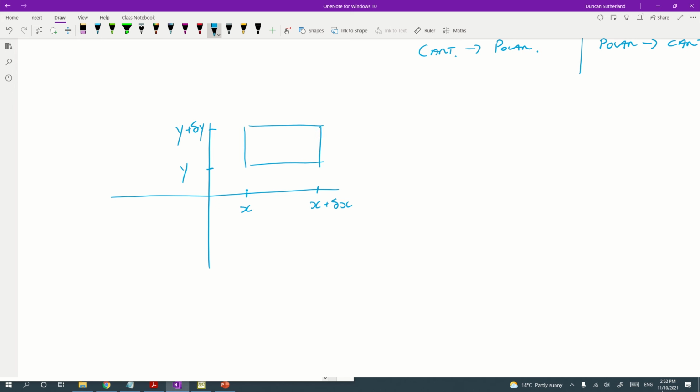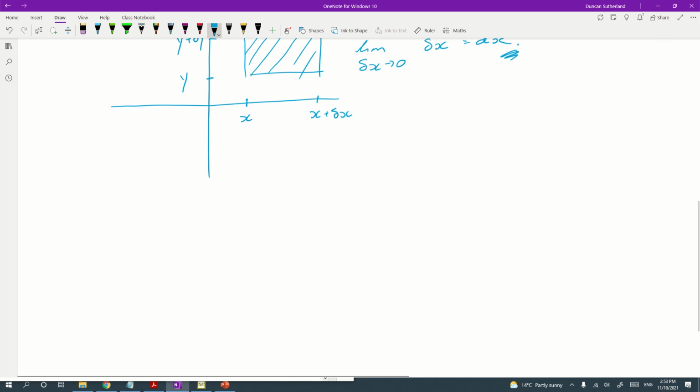In the limit, as these things tend to zero, in our integral sense, this infinitesimal area dA is equal to dx times dy, where the limit as delta x tends to zero of delta x equals dx. So these things become the infinitesimals in this limit.